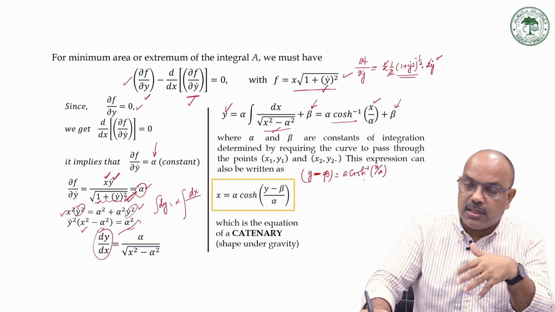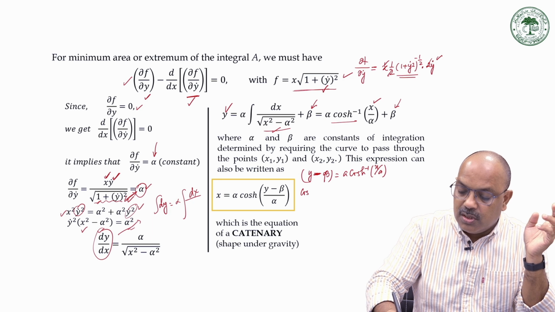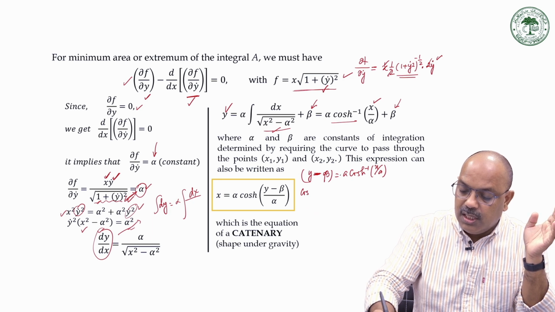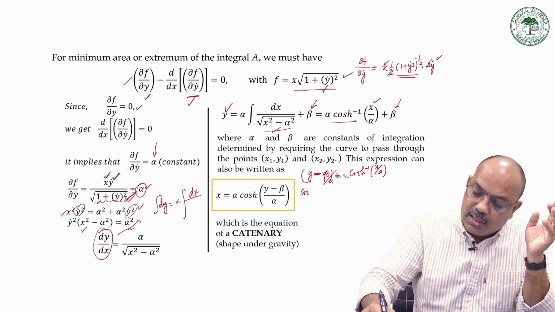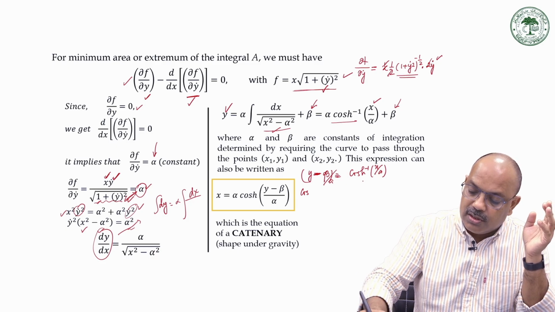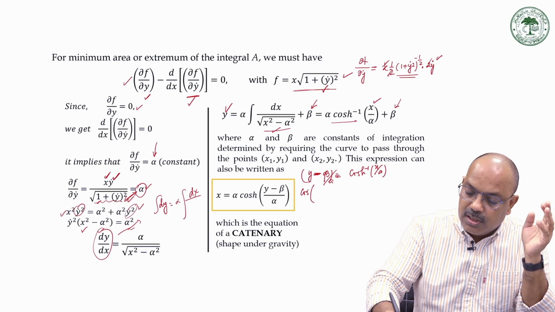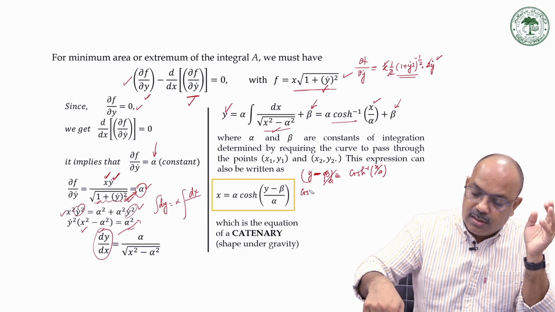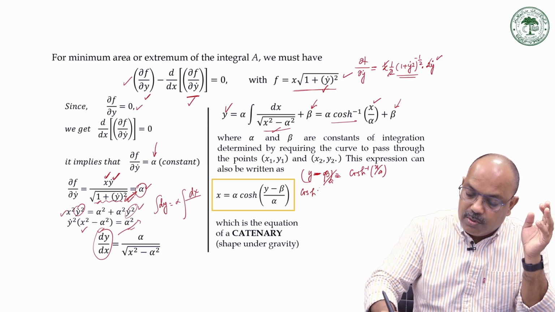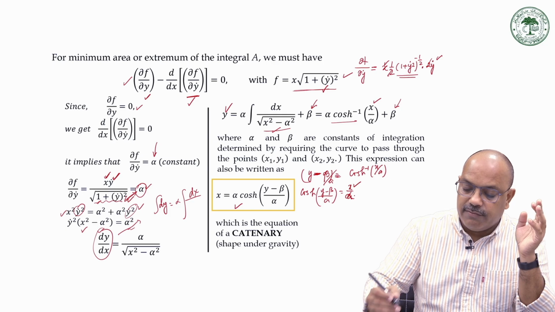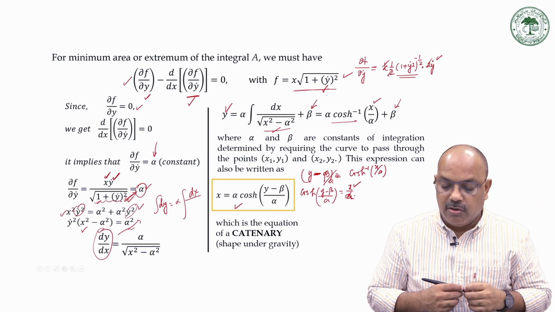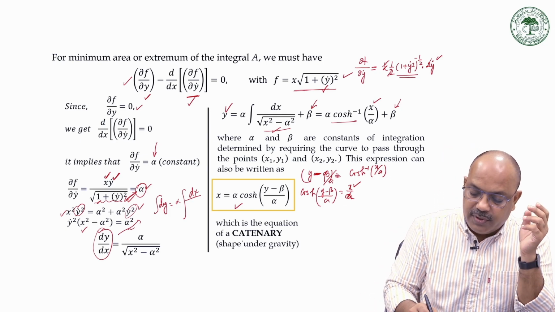So I can take the inverse of that, and the a can go to the other side also. So this is going to be the cosh of y minus beta by a, and this is going to be x by a. So x is equal to a times alpha times cosh of y minus beta, and this is the equation of a catenary.